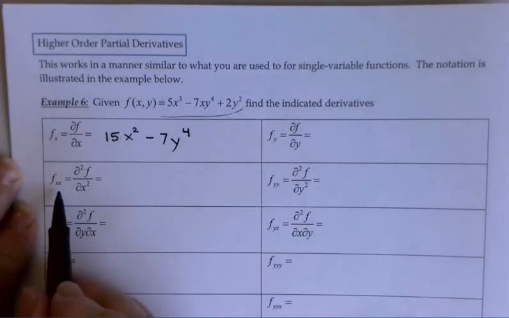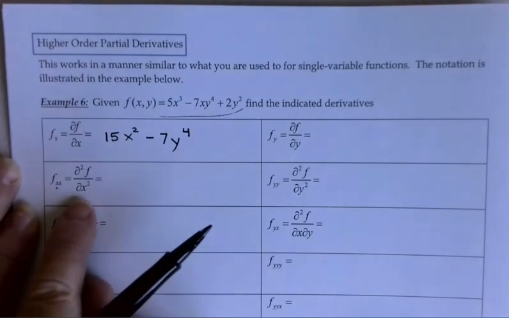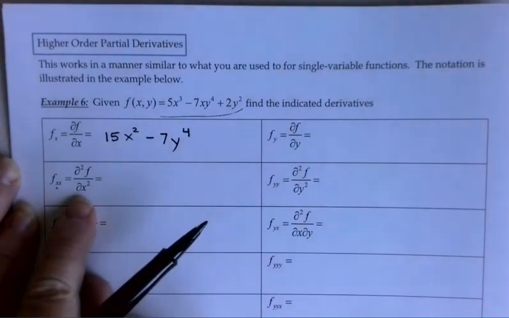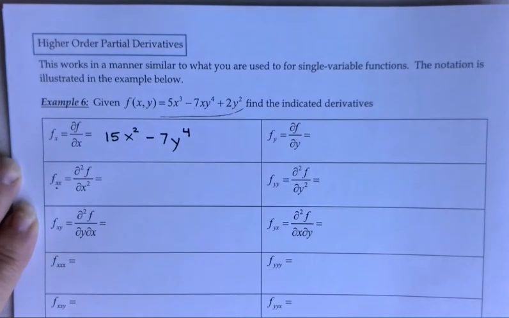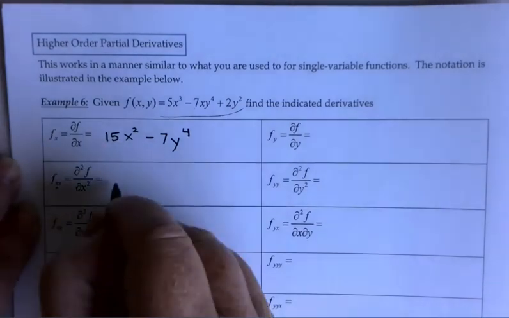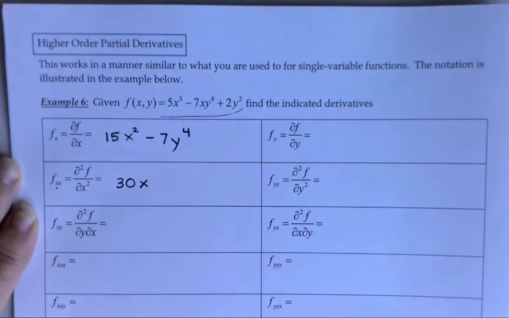And if I now say that I want the second derivative of f, still with respect to x, notice I have f sub x here. The delta notation looks like this. And I'm just going to go back up here and take another derivative with respect to x, which would give me 30x. And that would just be a minus 0, so I won't even bother writing it down.